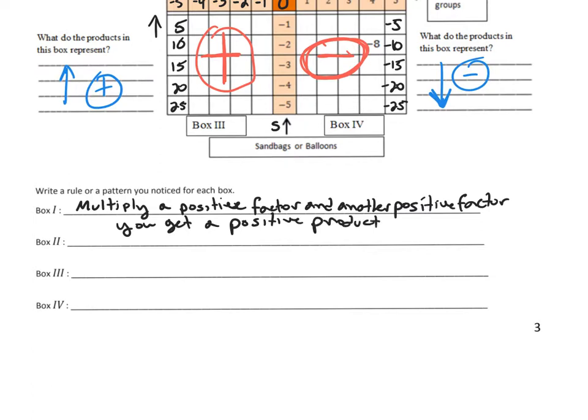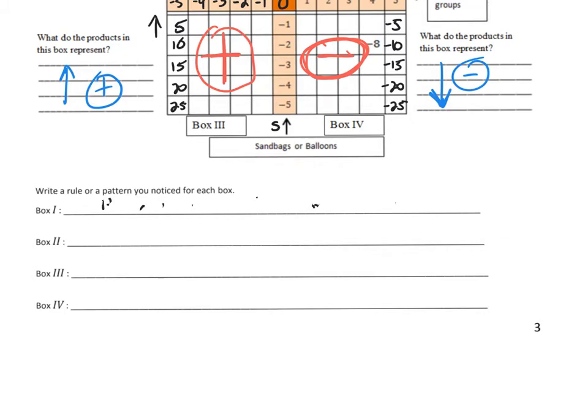Way too wordy, Mr. Kruger. Way too wordy. Let's erase all that. Let's make it easy for these guys.